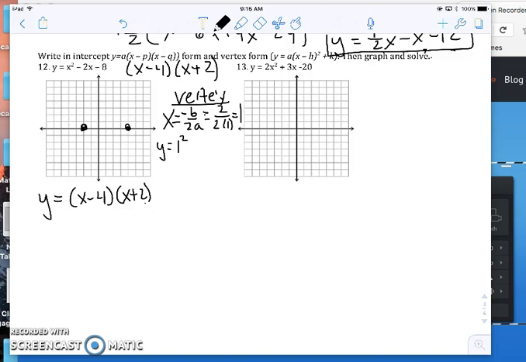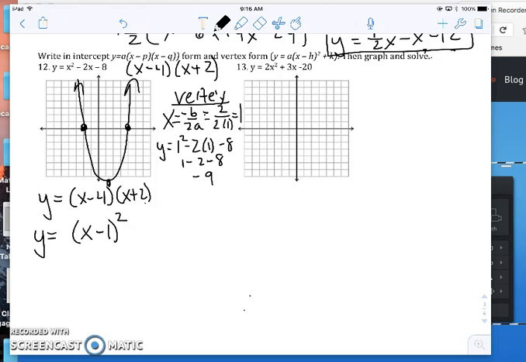So we have 1 squared minus 2 times 1 minus 8. 1 minus 2 minus 8. So -9. So 1, 2, 3, 4, 5, 6, 7. So here is our vertex. So vertex form, y equals, a is 1. So we have x minus 1 squared minus 9.